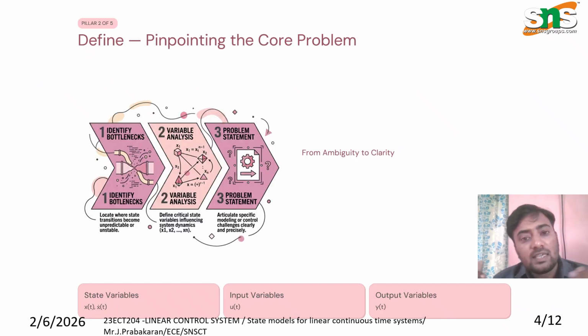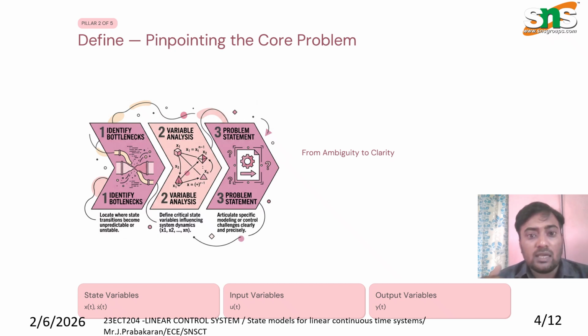The second stage of design thinking is the define part. Before solving a problem, we must clearly identify what variables describe the system. In state space analysis, we define state variables represented by small x of t. These variables completely describe the system's conditions.